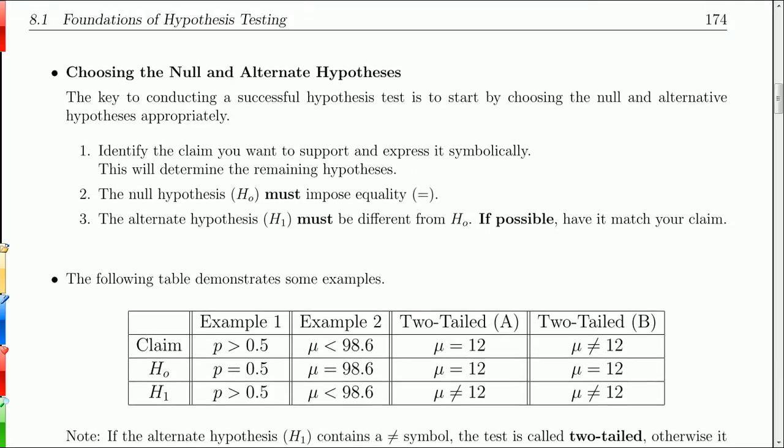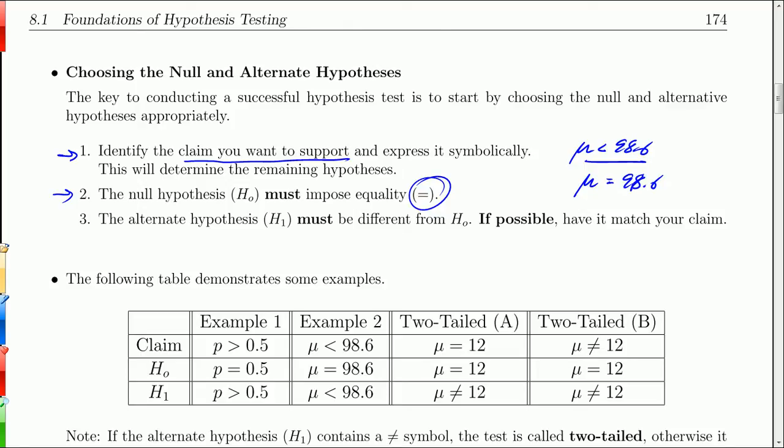Here's the process. There are a few different ways to do this, but this way works. Identify the claim you want to support, for example mu is less than 98.6. The null hypothesis must have an equal sign, so that would be mu equals 98.6.